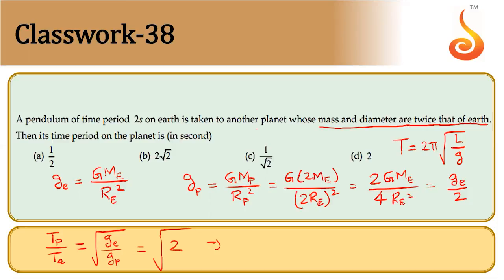So the time period on the planet should be root 2 times the time period on Earth. The time period on Earth is given as 2 seconds, so it will be 2 root 2 seconds.